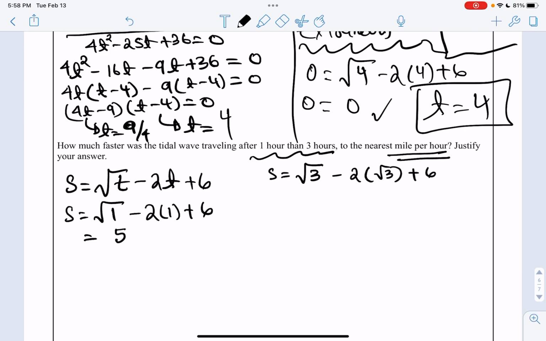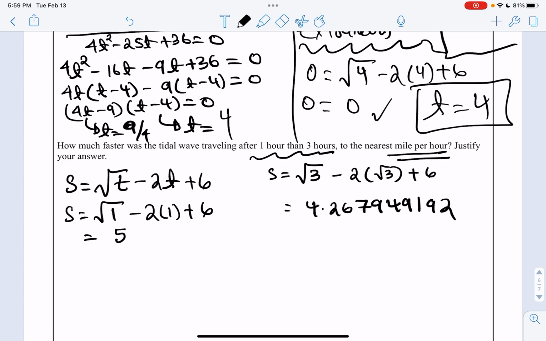This one I can't really simplify nicely. It's going to give me a long decimal: 4.267949192. And we have to find the difference between them.